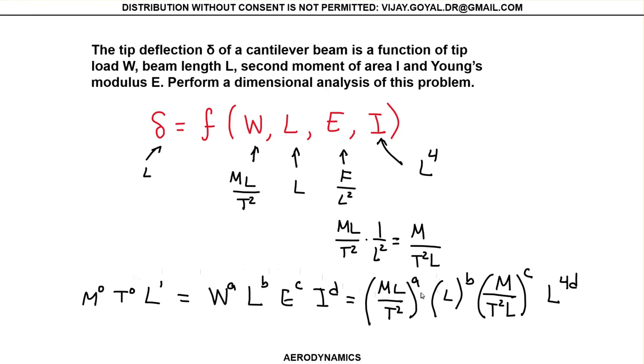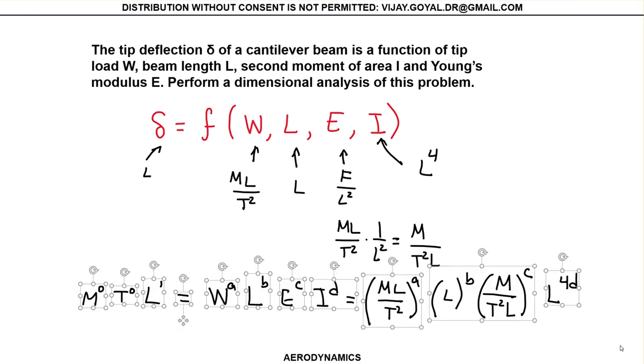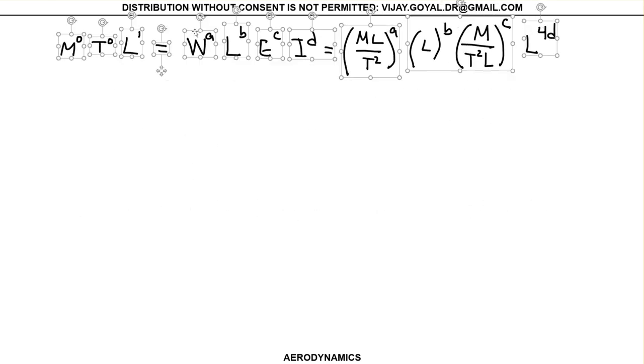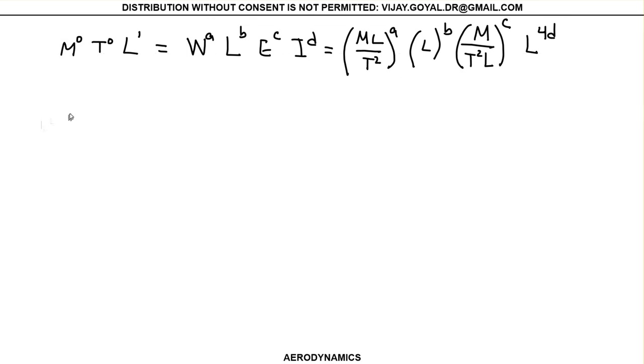Now, what we need to do is expand all this so we can compare the variables on one side and the other side. So let's copy this so we can have it handy on the next page. So we have M0, T0, L1, and we're going to have M will be A plus C. You can see I have an M here, M there.